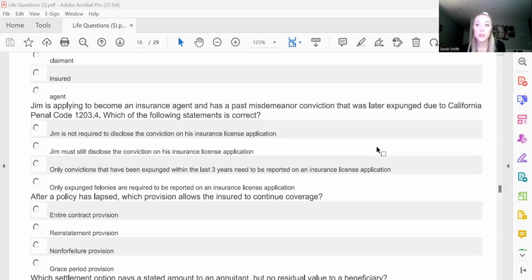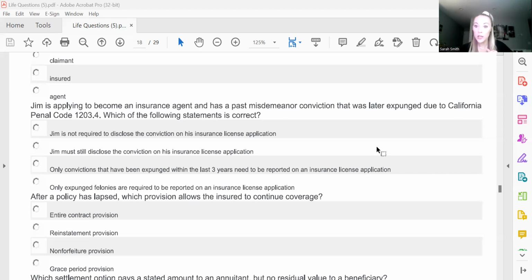Now that is California specific because when you're going through the application in a different state, like I've got licenses all over and I've got teammates all over, a lot of times they're like, you wouldn't have to disclose something that had been expunged, but in California, you have to disclose everything. There's the regular application that is federal and all states have the same one.